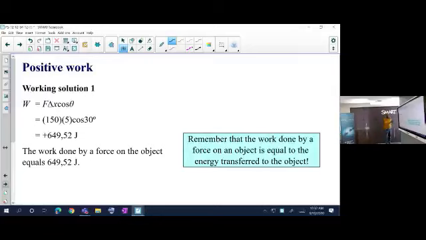This is what I was just doing, trying to show you how you get the positive 649.5 joules. If you look at the answer that I gave you, I said 649.5 is the same as 649.5 joules. Okay, remember that the work done by a force on an object is equal to the energy transferred to the object. That is the definition of positive work. All right, I hope we are still together.